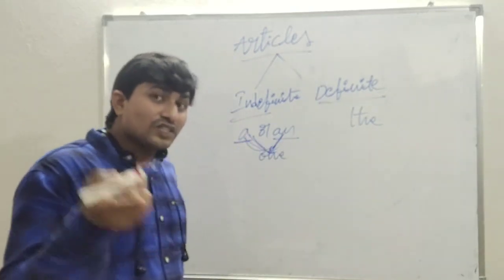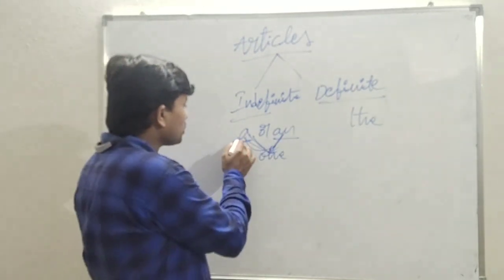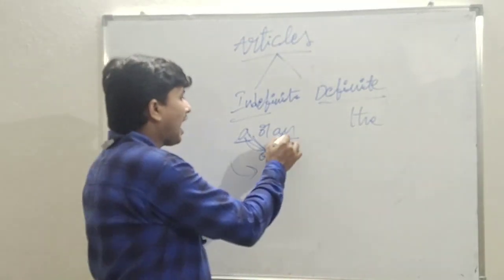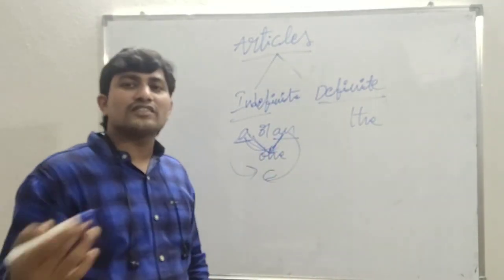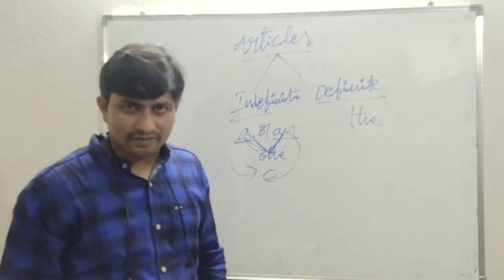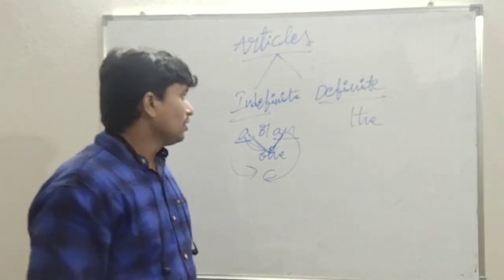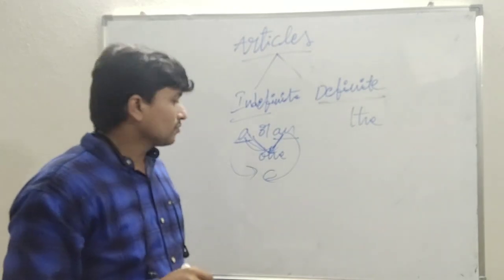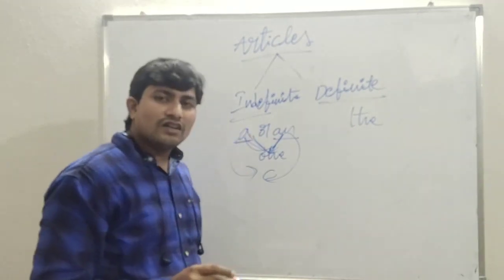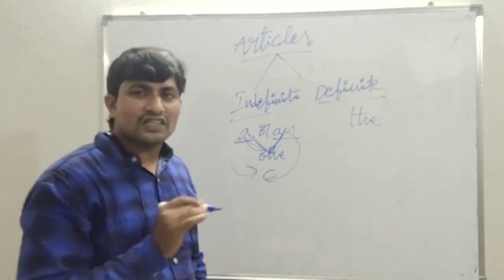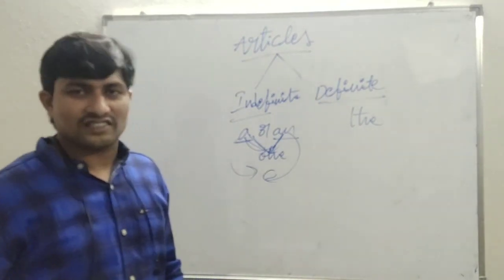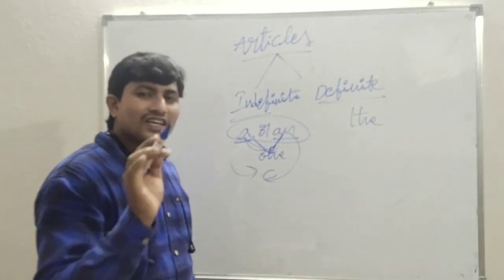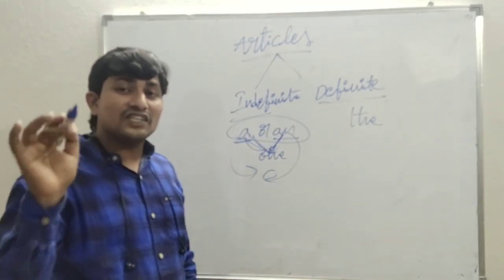But in accordance with the situation, a is placed in front of some kinds of nouns, and an is placed in front of other kinds of nouns. You will come to know what they are in further classes. Most people make a mistake here. A or an are not indefinite articles; a or an is an indefinite article.